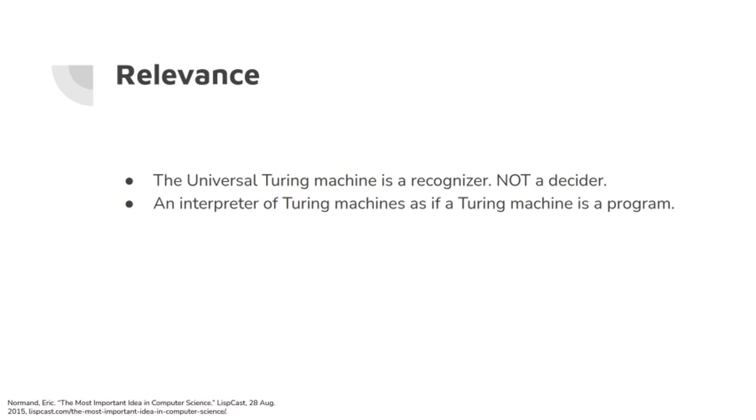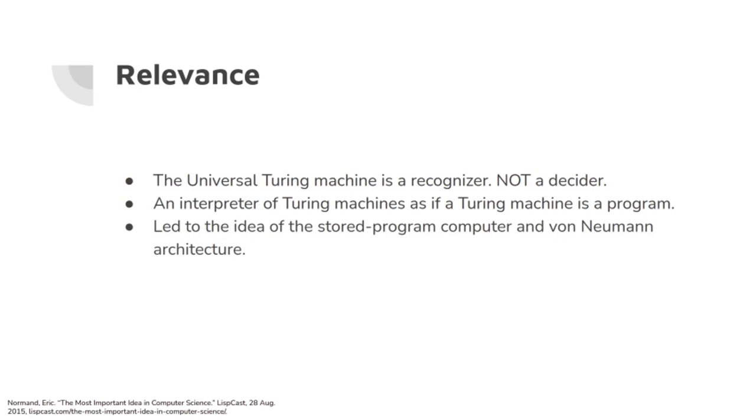An analogy that can be made is that the universal Turing machine interprets Turing machines as if they were computer programs, just like how a C interpreter can interpret programs written in C. So this ultimately led to the idea of the stored program computer and von Neumann architecture, where the program data and memory are stored together.